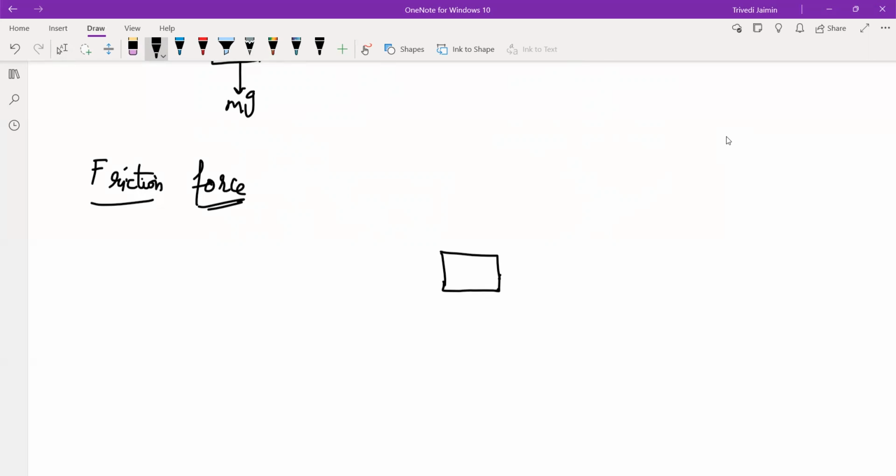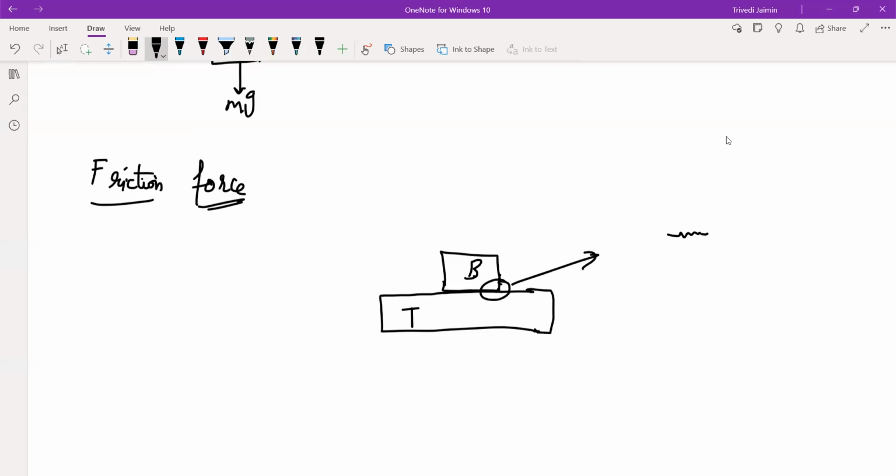If I take a box and place it on a table, the table and box are not smooth. If I go with a microscopic view, this portion will not be exactly smooth. In the same manner, the table will also be like that.